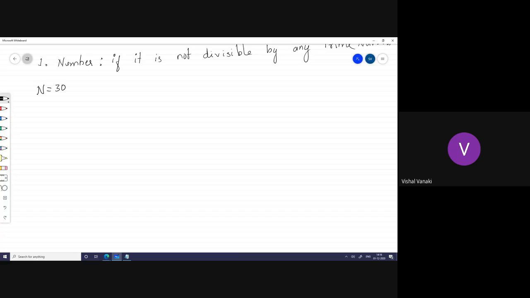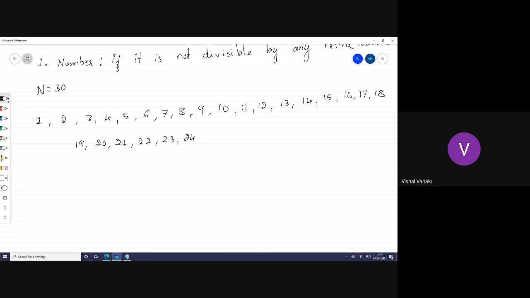Now, first I will write down all the numbers from 1 to 30: 2, 3, 4, 5, 6, 7, 8, 9, 10, 11, 12, 13, 14, 15, 16, 17, 18, 19, 20, 21, 22, 23, 24, 25, 26, 27, 28, 29, and 30.